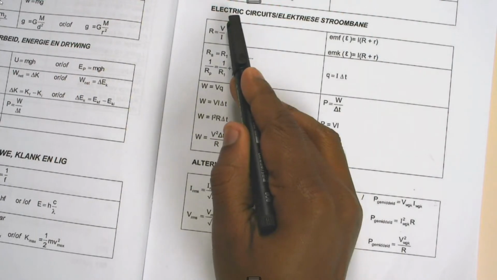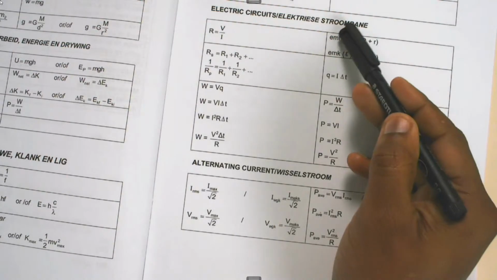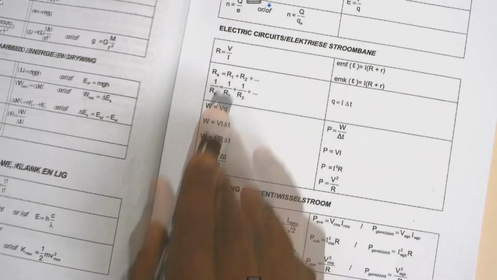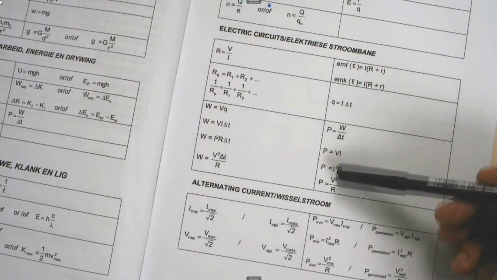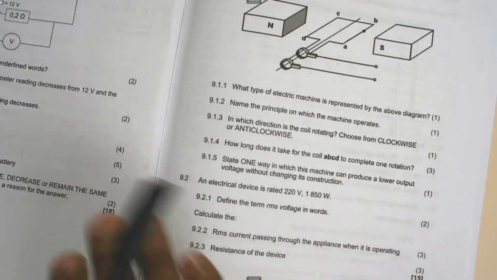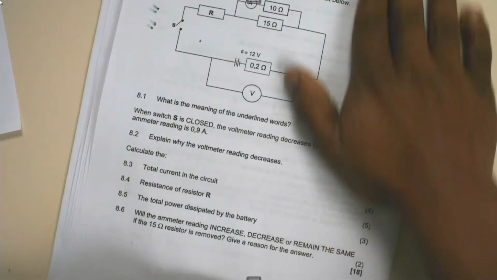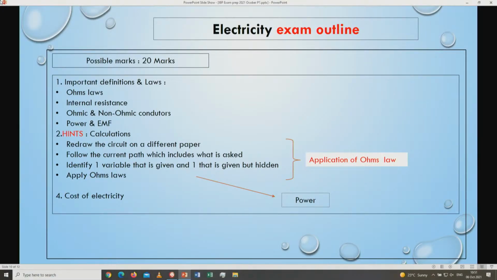You see, we only need R or I, we only need R or EMF, just two. So even when you are working with power, if you are able to identify the two variables given to you, everything will become quite clear. So the idea is to redraw, apply Newton's law, and be able to perform calculations for the cost of electricity.